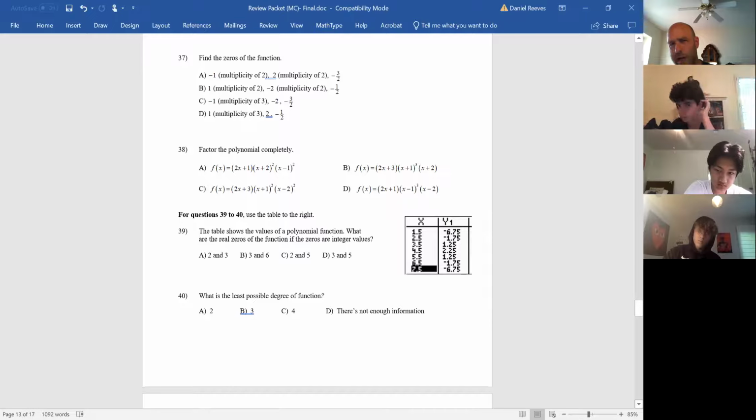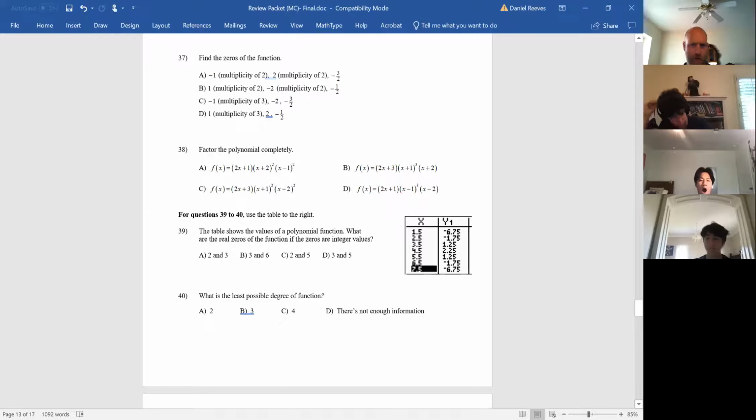I don't think we really covered much of 39, but I'll put it in here anyway. About the intermediate value theorem. Did we talk about that at all? No, I heard a no in there. I don't think we did. I don't think we did either.